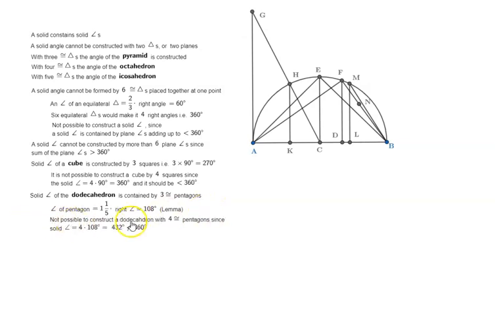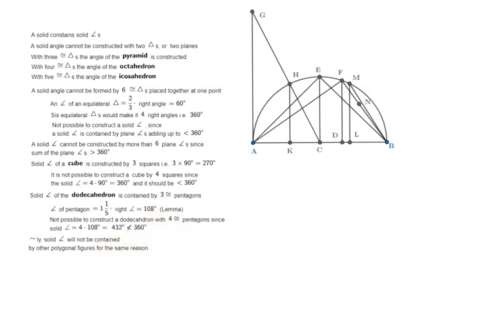So it is not possible to construct a dodecahedron with 4 equilateral and equiangular pentagons, since the solid angle would be equal to 4 times 108 degrees, which becomes equal to 432 degrees, which is not less than 360 degrees. Similarly, a solid angle will not be contained by other polygonal figures for the same reason.